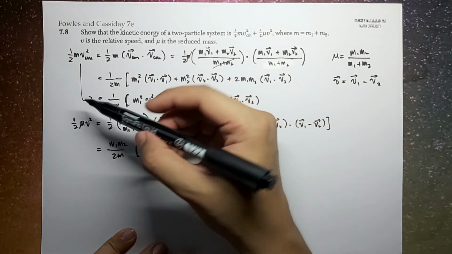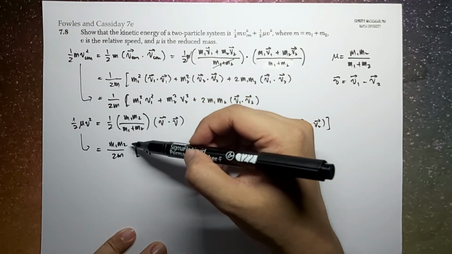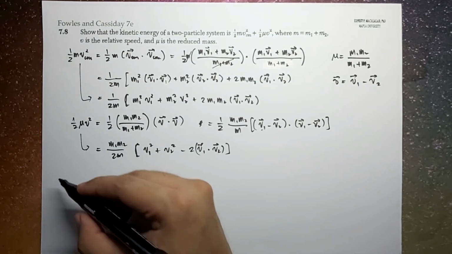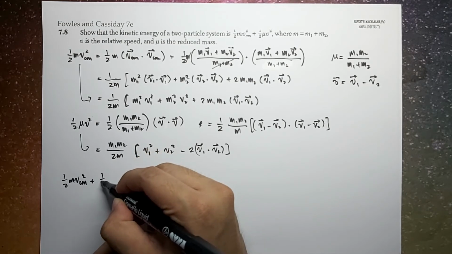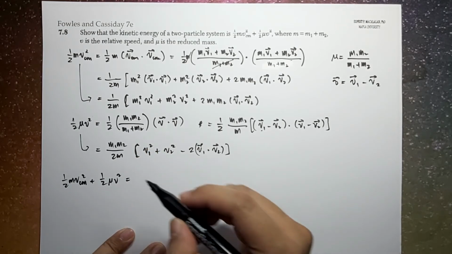Okay, so adding these two together, that's 1/2 m V_CM squared plus 1/2 mu V squared.